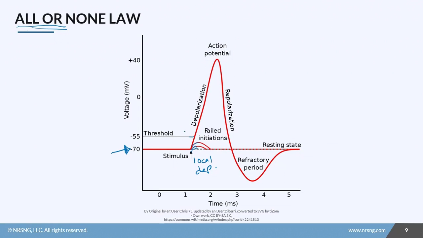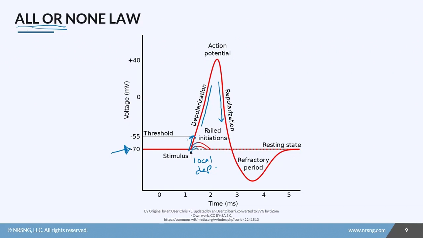So if we get enough stimulus and the membrane potential gets to threshold, that's when we see the action potential start. We see depolarization as the sodium rushes into the cell, makes everything more positive. Then we see the sodium-gated channels close, potassium-gated channels open so that potassium can rush out.